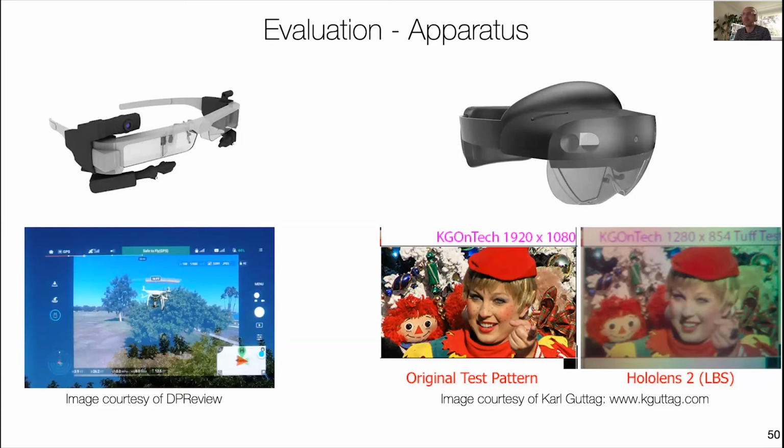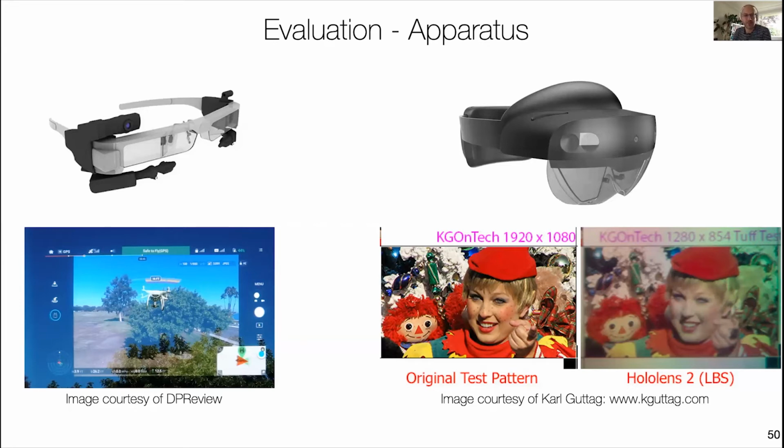But the problem is all the AR displays with really good colors don't have good eye tracking, or no eye tracking. We tried that initially, and then you get really bad gaze data. The other approach, which you see on the right-hand side, is that we could take, for example, the HoloLens 2, which is a really cool device, has really good eye tracking, has an integrated eye tracker, and would probably give us very reliable eye data.